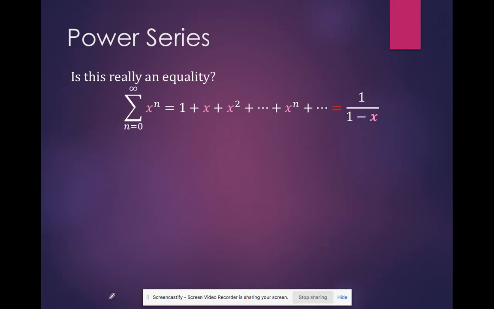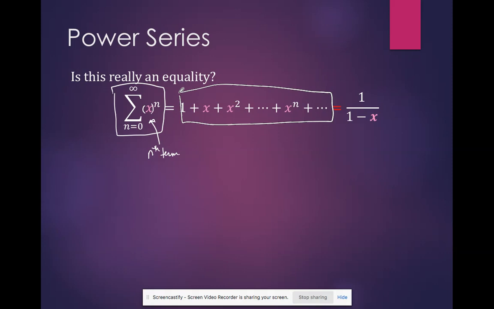So let's talk about this one in particular, where my common ratio was x. I hid what the common ratio is. Here's my sigma notation, with the nth term in it. Here's the expanded version.